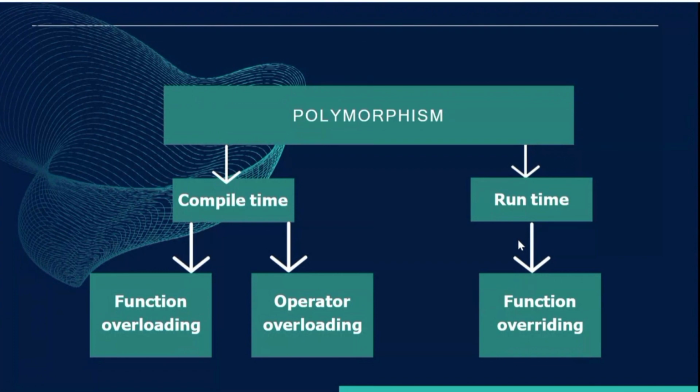This is exactly what runtime polymorphism is. It uses the virtual function, and that virtual function can be called using pointers in the main part. I hope you got an idea of what compile time and runtime are.